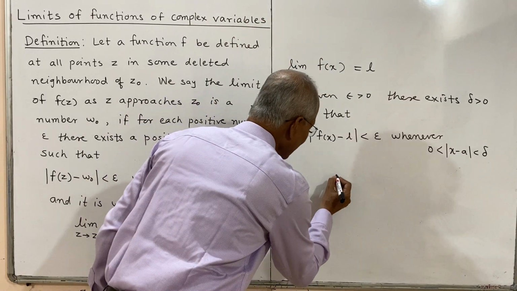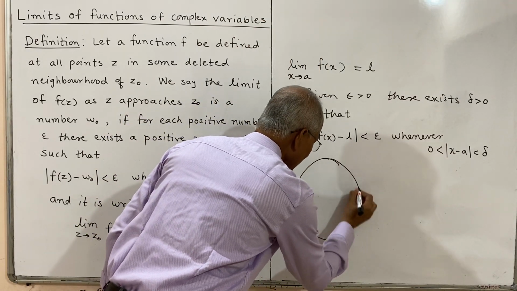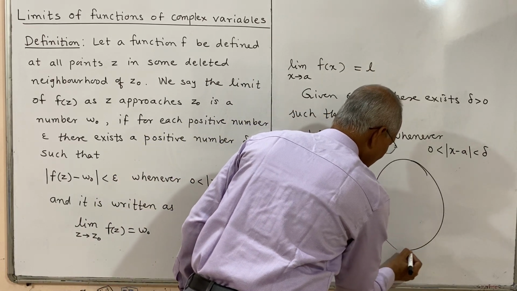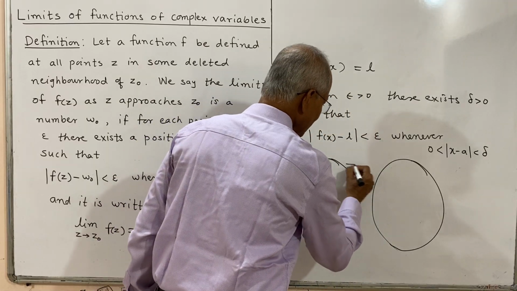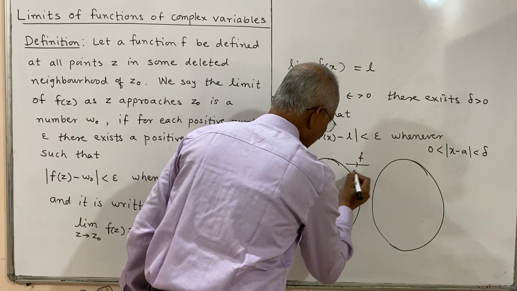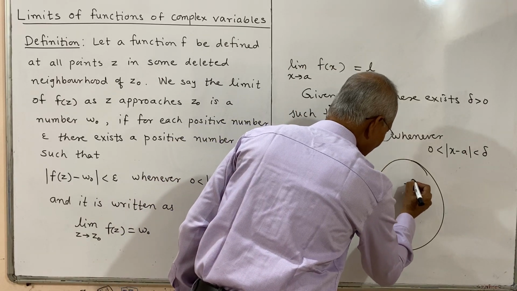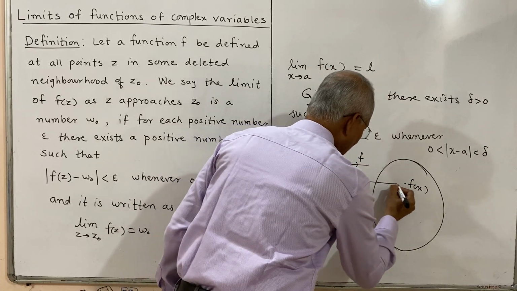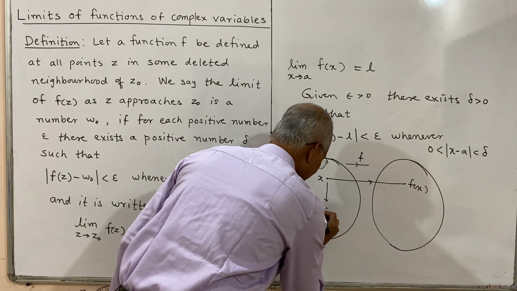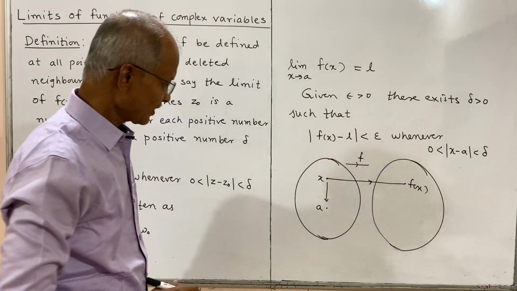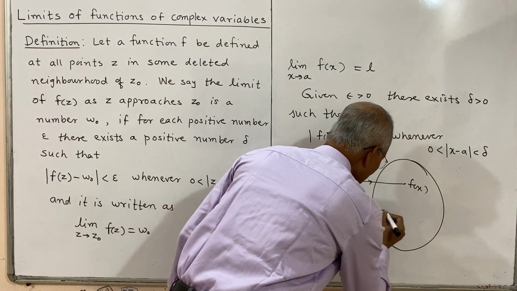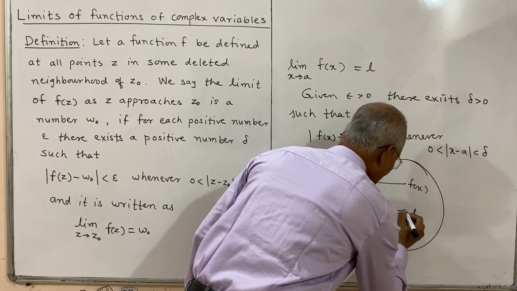Or if you consider a diagram for this, suppose these are the values of x and its images are in this set. The function is f, and the image of x under f is denoted by f of x. Let x approach a, this point is a. As x approaches a, the function will approach a value L, and it is here.